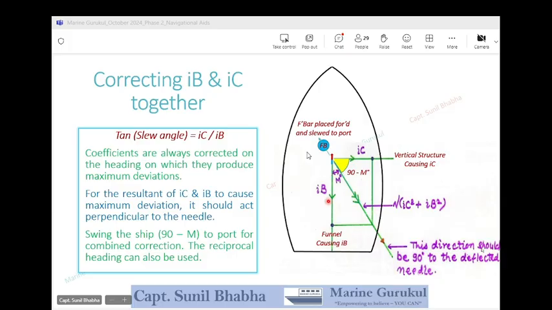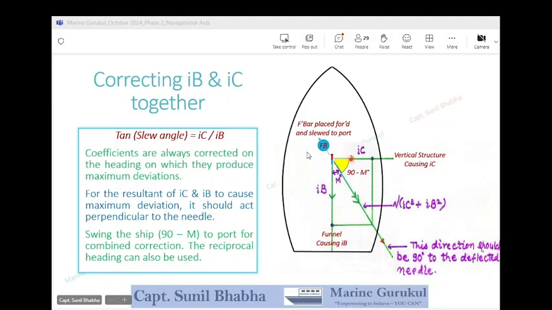Also, we can easily find this angle. This is the angle between the 4.5 line and the resultant of IB and IC. In the diagram, we have represented it by capital M, and this angle M basically gives us our slew angle. We can easily find out this angle M. Now we know tangent theta is equal to perpendicular upon base.